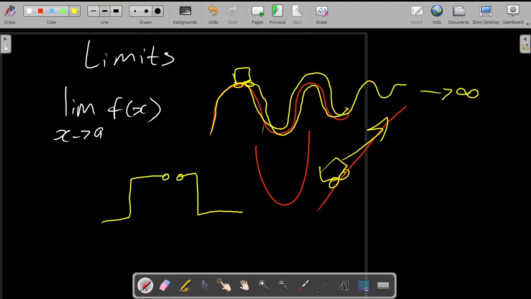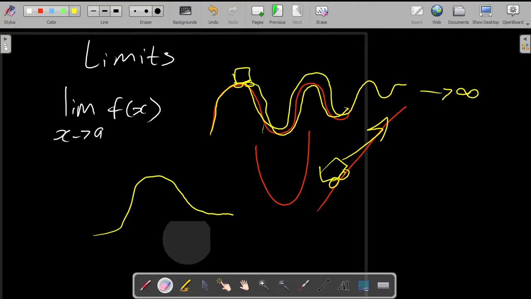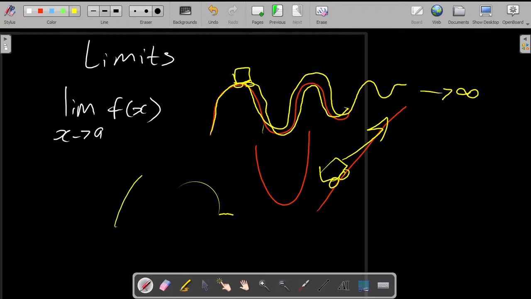We aren't really sure what goes on over here, right? Let's say we have some sort of ramp over there, and we want to travel, but at this point we have some sort of discontinuity, or we don't know what actually happens at this point.